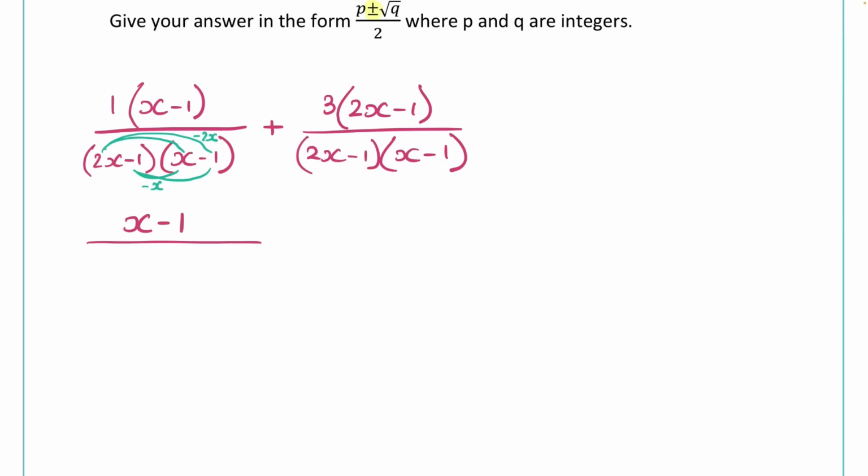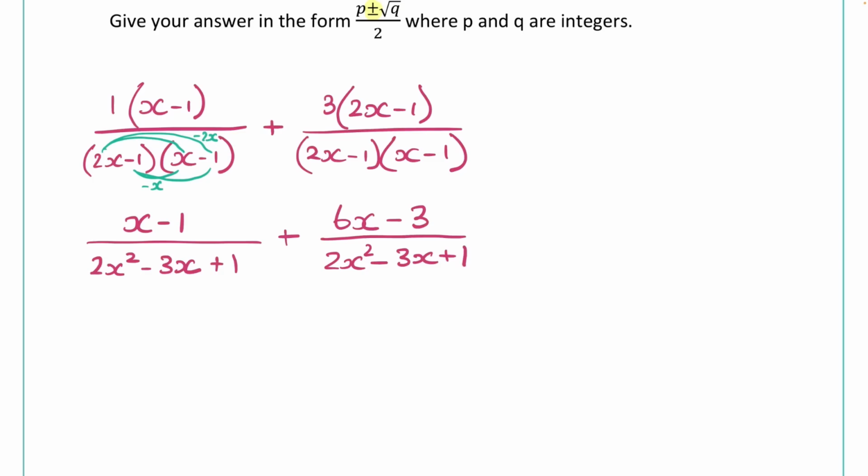So we end up with 2x squared minus 2x minus 1x is minus 3x, and negative 1 times negative 1 is plus 1. So there's my denominator, that's the same on the other fraction as well. We'll expand the other numerator, so 6x minus 3, and that's all over 2x squared minus 3x plus 1.